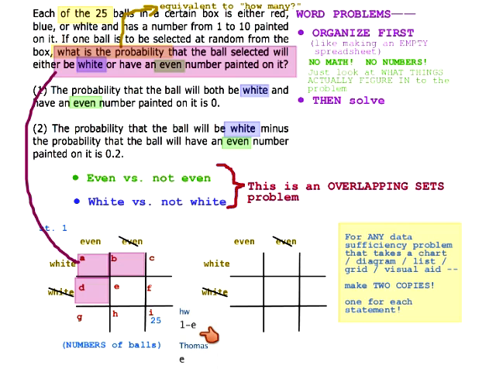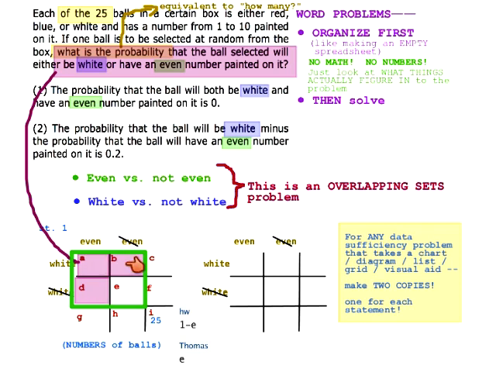To see this, you got to have a certain intuition about how these grids work. In these overlapping set grids, remember that the third row and the third column are totals. So everybody individually is going to be in here somewhere. These 4 boxes are all of the individual balls in the box.